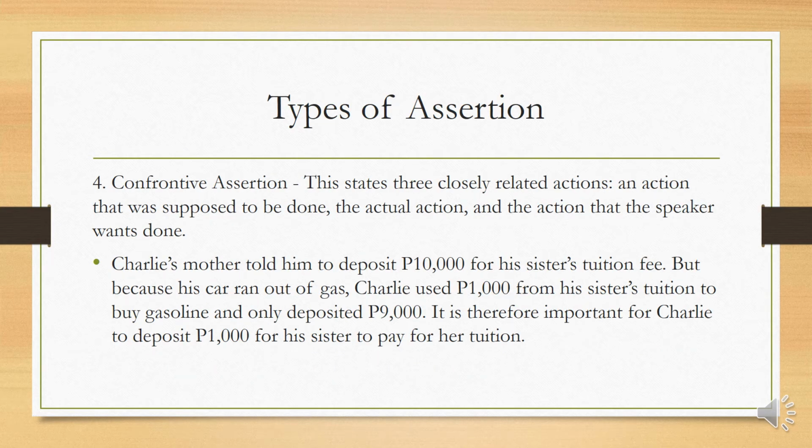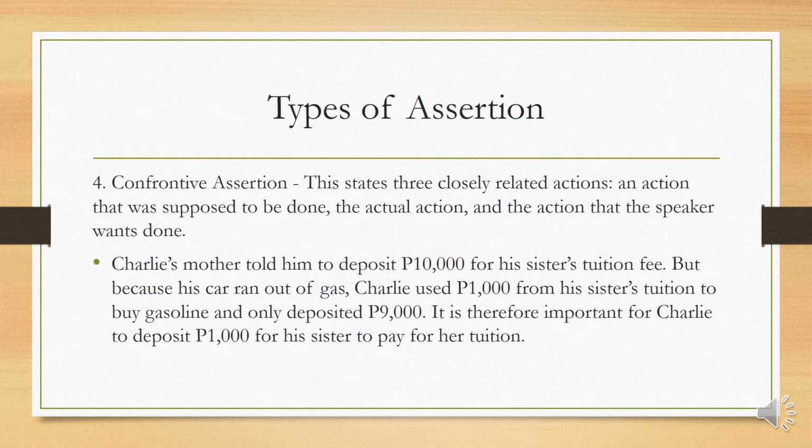Now, for the fourth type of assertion, we have confrontive assertion. This states three closely related actions: an action that was supposed to be done, the actual action, and the action that the speaker wants done. For example, Charlie's mother told him to deposit 10,000 pesos for his sister's tuition fee.